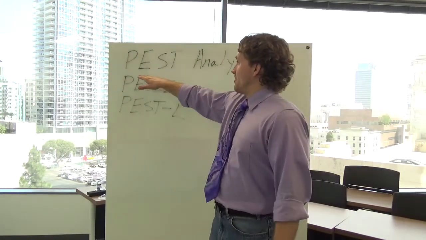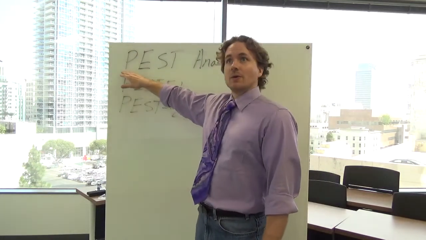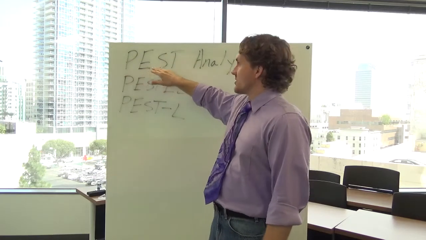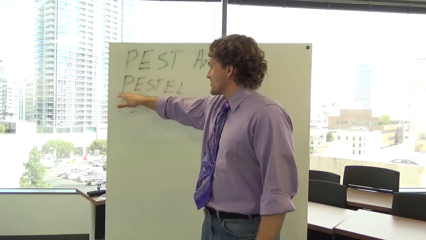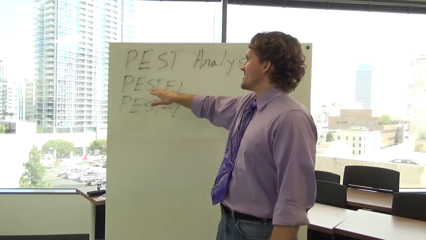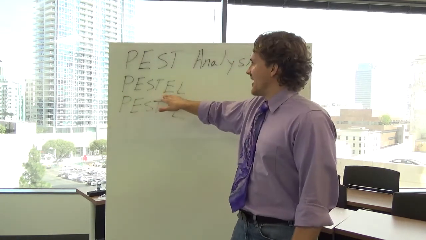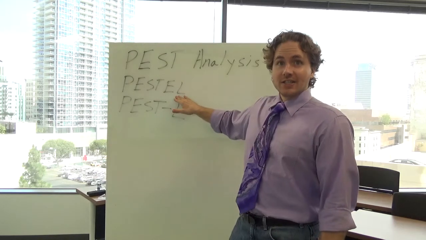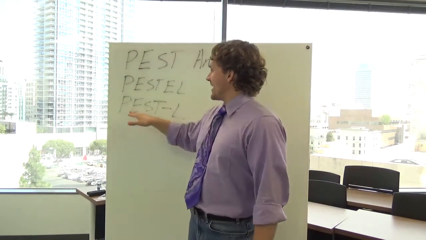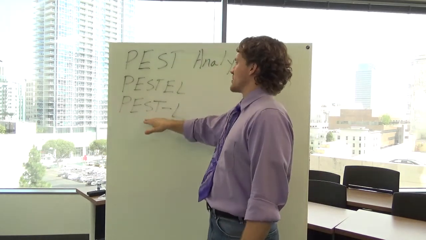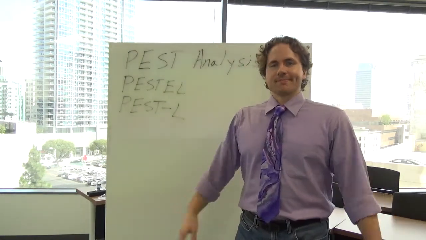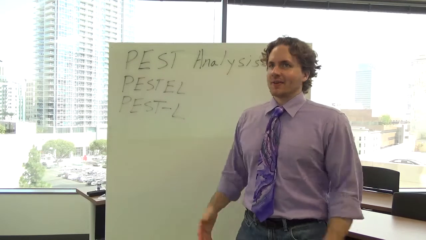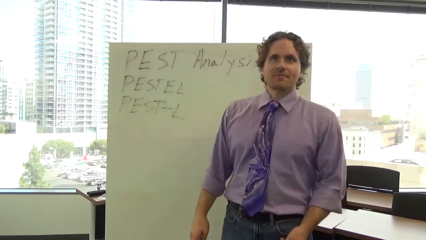So, PEST is political, economic, social, and technological. PESTEL is political, economic, social, technological, environmental, and legal. And PESTL is political, economic, social, technological, and legal. Is one better than the other? Again, just use the one your boss tells you to use.